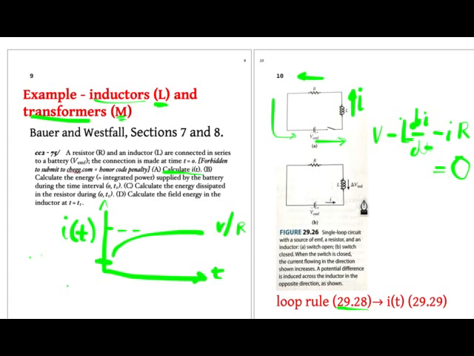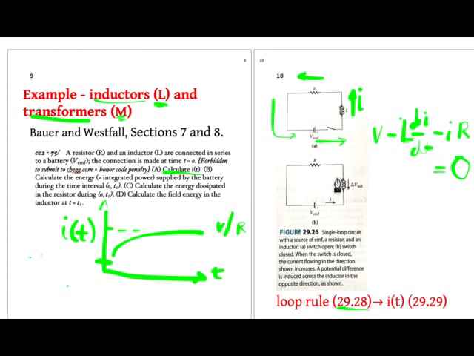Well, in the same way here, when there's a current around the coil of wire, it's like a solenoid, there's a magnetic field inside. So as it approaches the asymptotic value of current, you'll have a magnetic field inside the coil of wire. Magnetic field has energy, just like an electric field has energy.